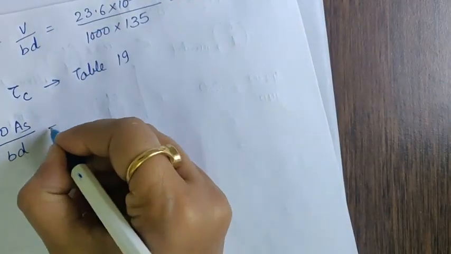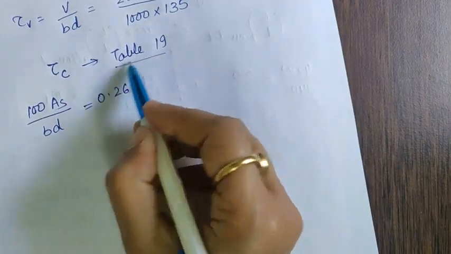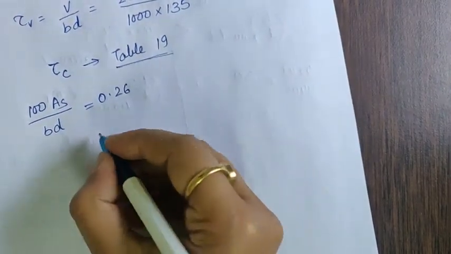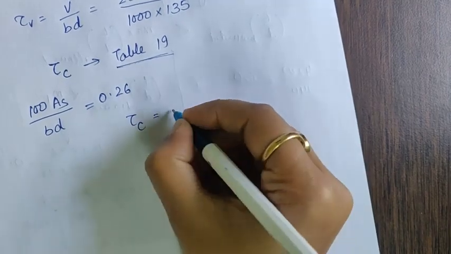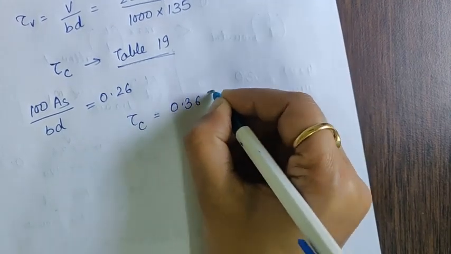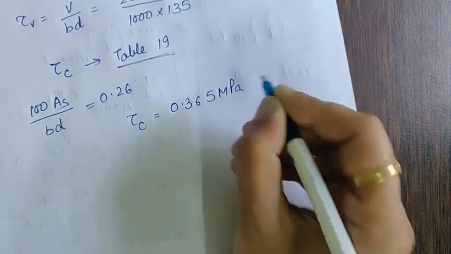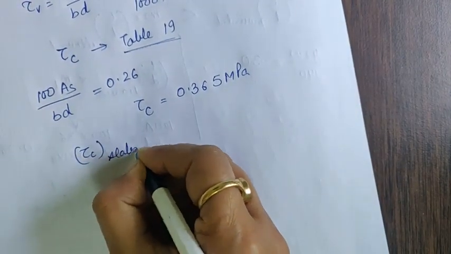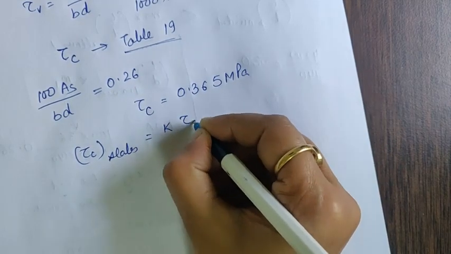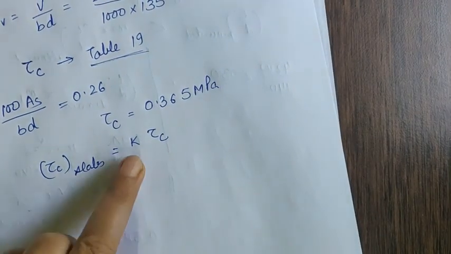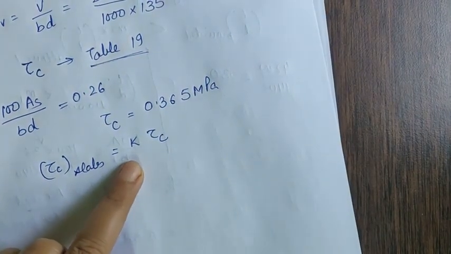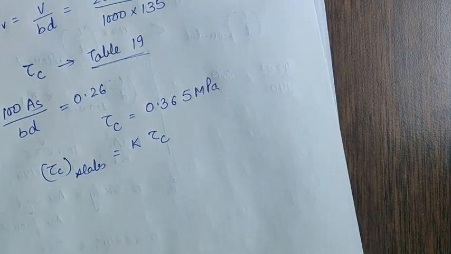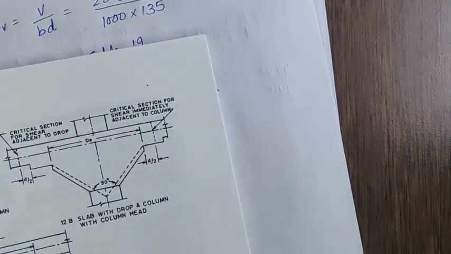So we are using this value. Then we will be using table 19 and we will be getting the value of tau c to be 0.365 megapascal. Then tau c for slabs is K times tau c, and this K was based upon the overall depth, again given in the code, just adjacent to table 19.